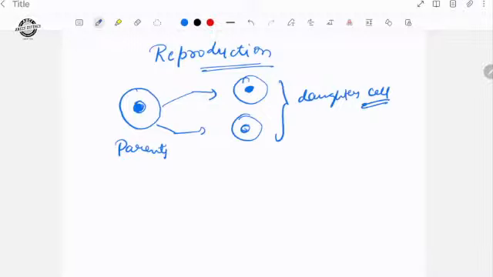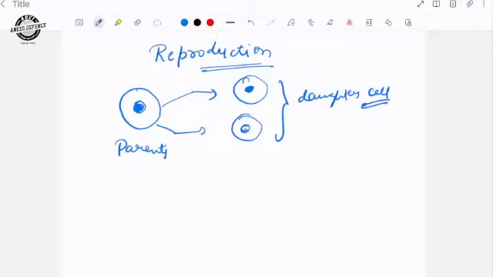What we are looking at here is that only one cell is present at first, but after some time, when the reproduction time comes, this single parent cell is divided into two to produce two daughter cells.